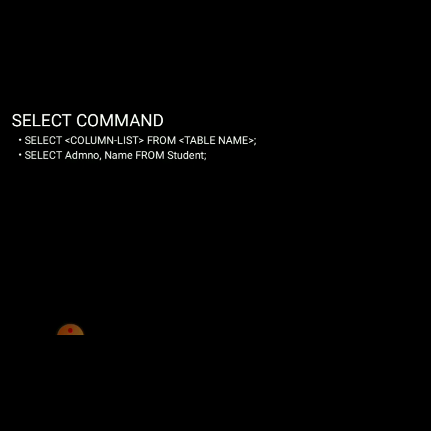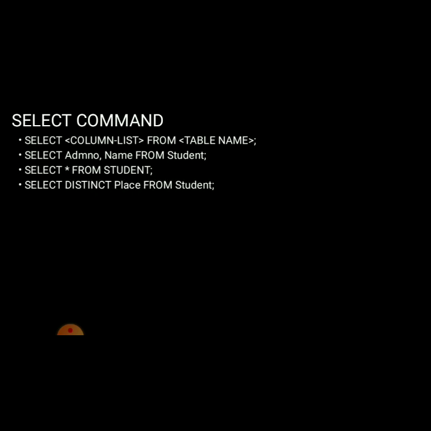The example: select admission number, name from the student. Student is the table name. Inside the table, the column names admission number and name we want to see, so we have given the particular column list. Next, select star from the student. Whatever data is stored inside the student table will be shown.